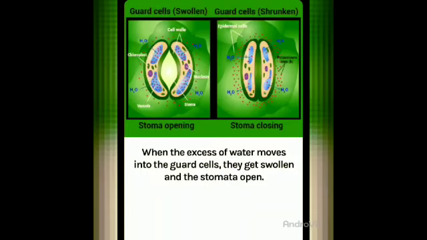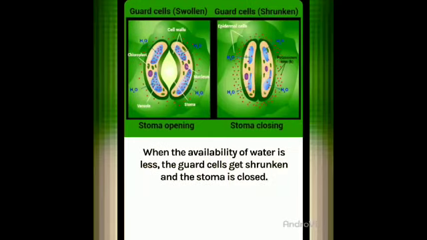When excess water moves into the guard cell, they get swollen and the stomata get open. So the first one is the condition when water moves inside the guard cell. In the next picture, how are stomata closed?